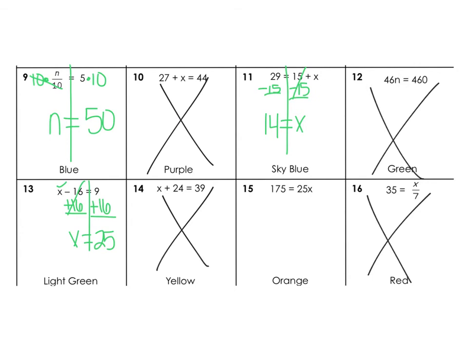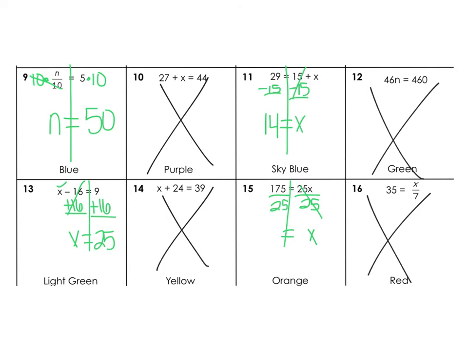On 15, I have 175 equals 25x. I want to get x by itself, so I'm going to divide by 25, because division is the inverse operation of multiplication. If I divide both sides by 25, I get x equals 175 divided by 25.